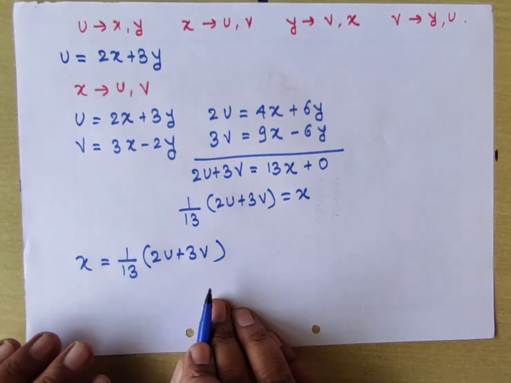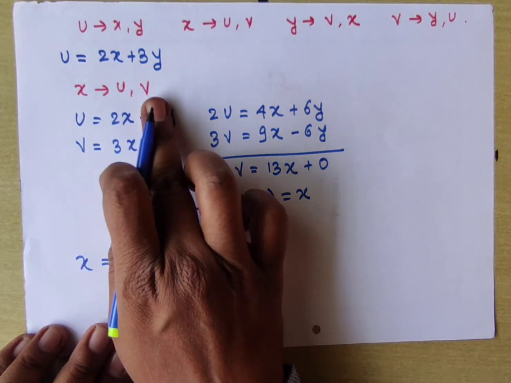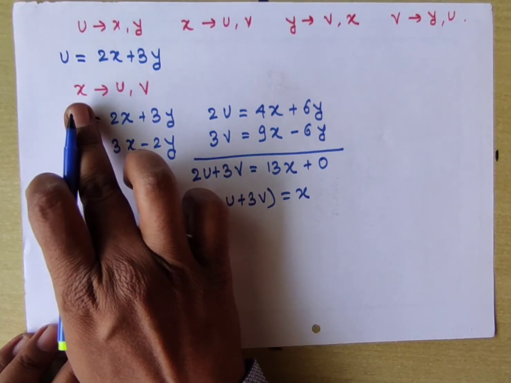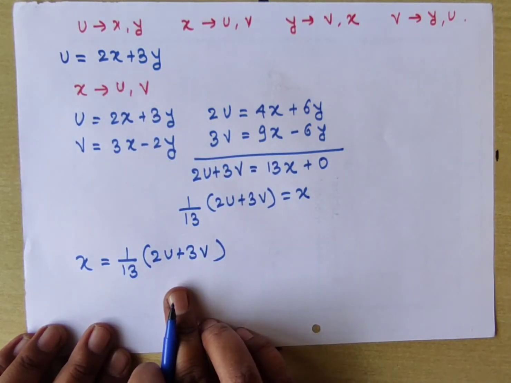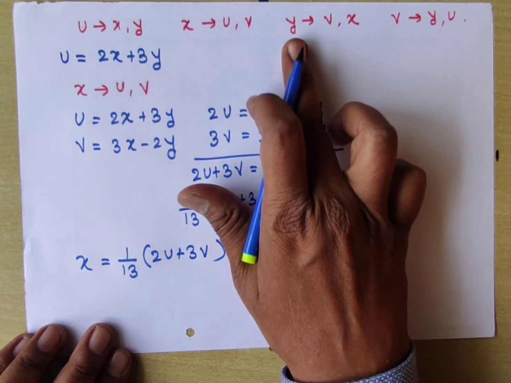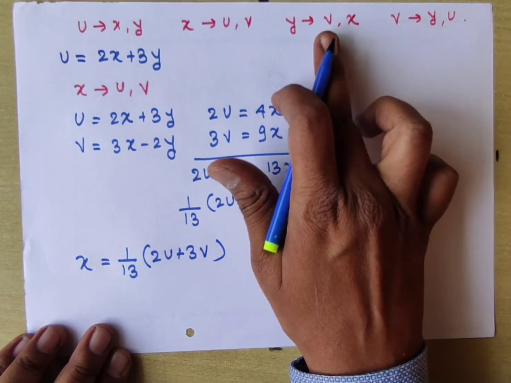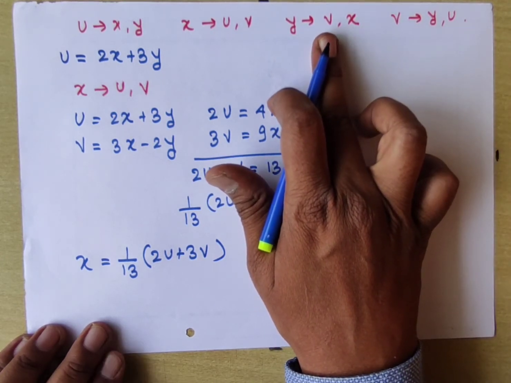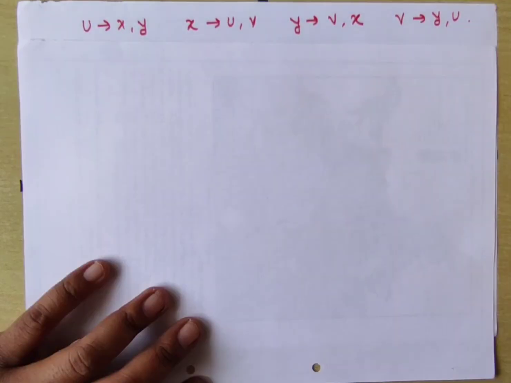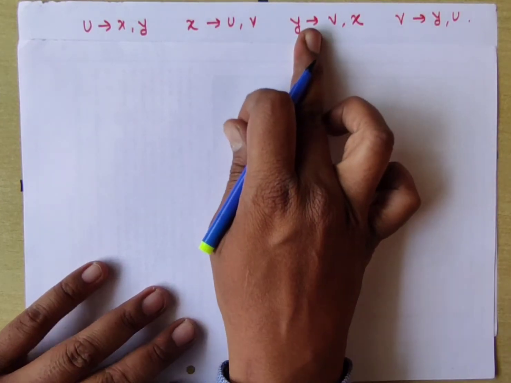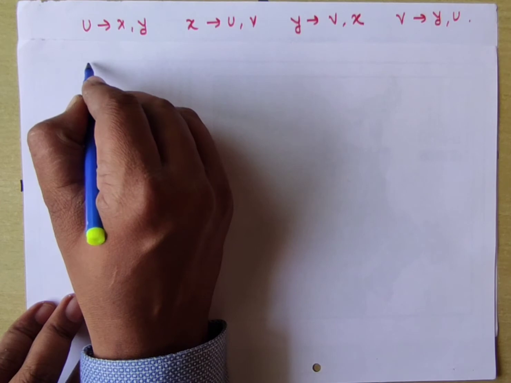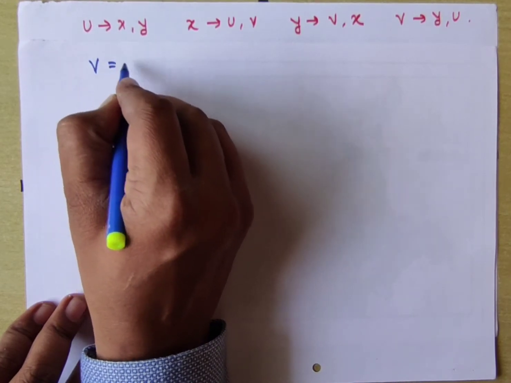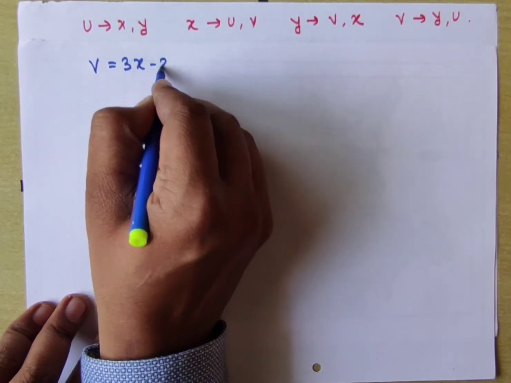So hope you understand how we find the value of x in terms of u and v. Now what is our next job? We need to find the value of y in terms of x and v, means we want to remove u. To find this third relation, v is given as 3x minus 2y.